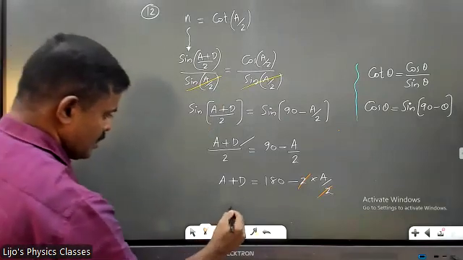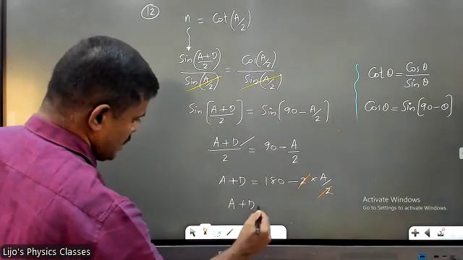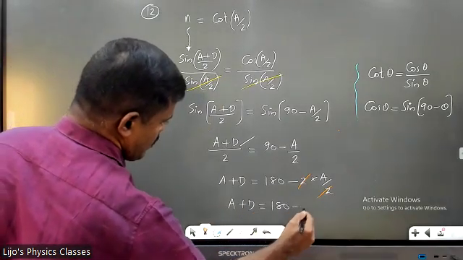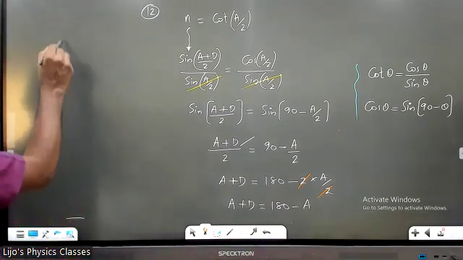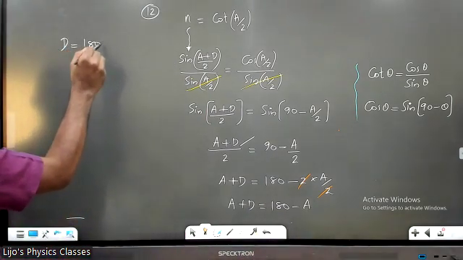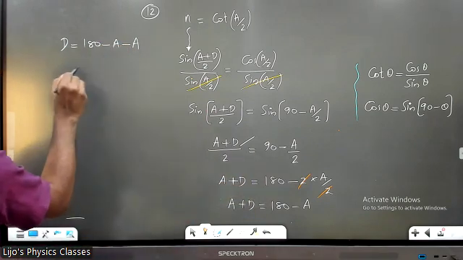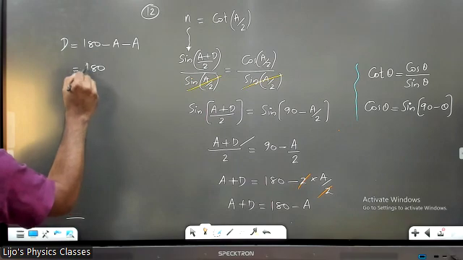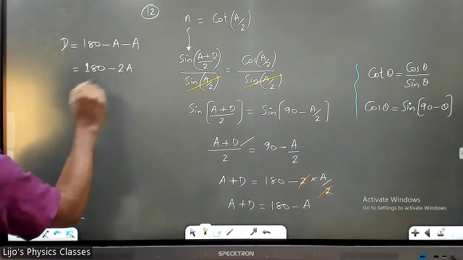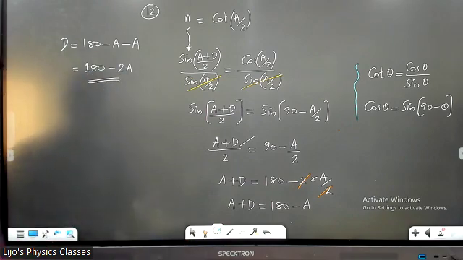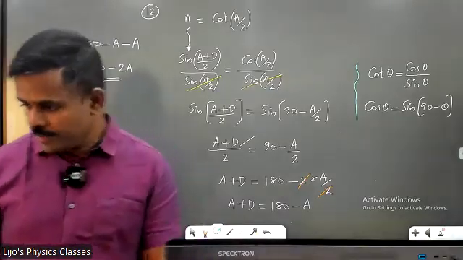You are getting A plus D is equal to 180 minus A, or D is equal to 180 minus A, A goes to the right side. So 180 minus 2A. All of you got this?